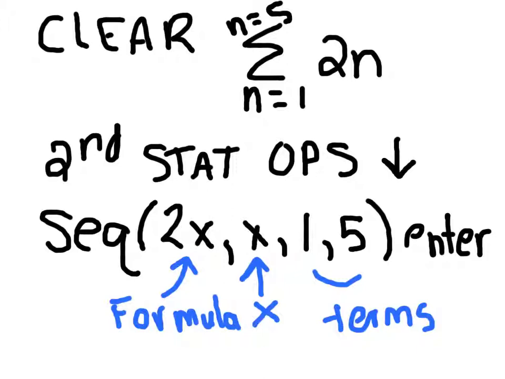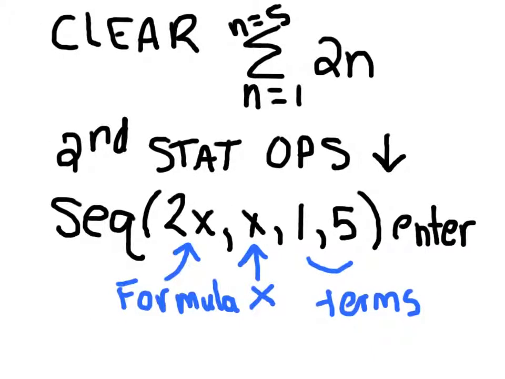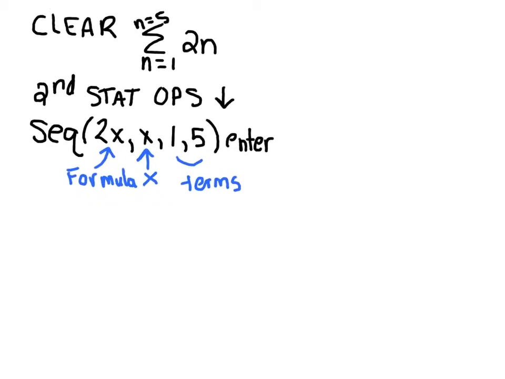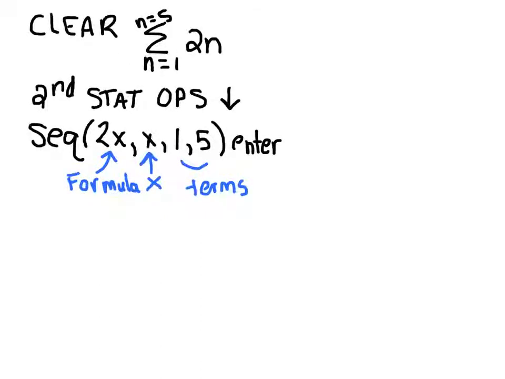And my calculator generates that list that we were talking about before. Hopefully you have a calculator in front of you and you can generate that list as well. On your calculator, if you did this correctly, your list should look like this. A bracket, 2, 4, 6, 8, 10.